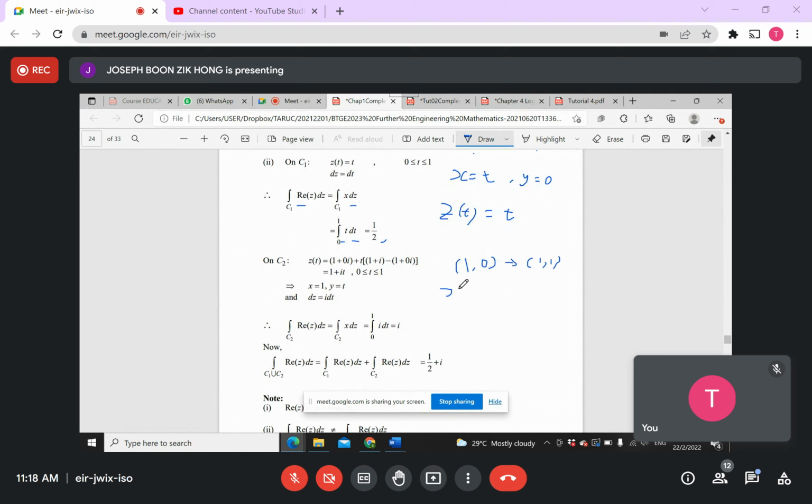C2 also the same. What is different is now it is from (1, 0) into (1, 1). So your x will be 1 minus 1t, so 0t plus 1, so 1. Your y will be 1 minus 0t, so 1t, and then plus 0, so only t. So that means your z is what? Your z is 1 plus it, because your x is 1.